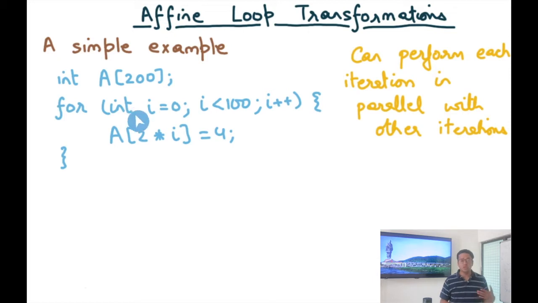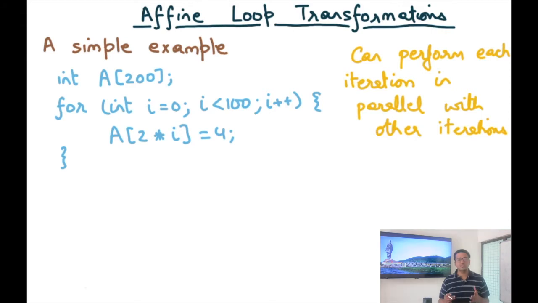And also the loop iteration variables themselves have a very regular pattern and have a lower and upper bound. And because these are common, it makes sense to have special optimizations for such patterns.